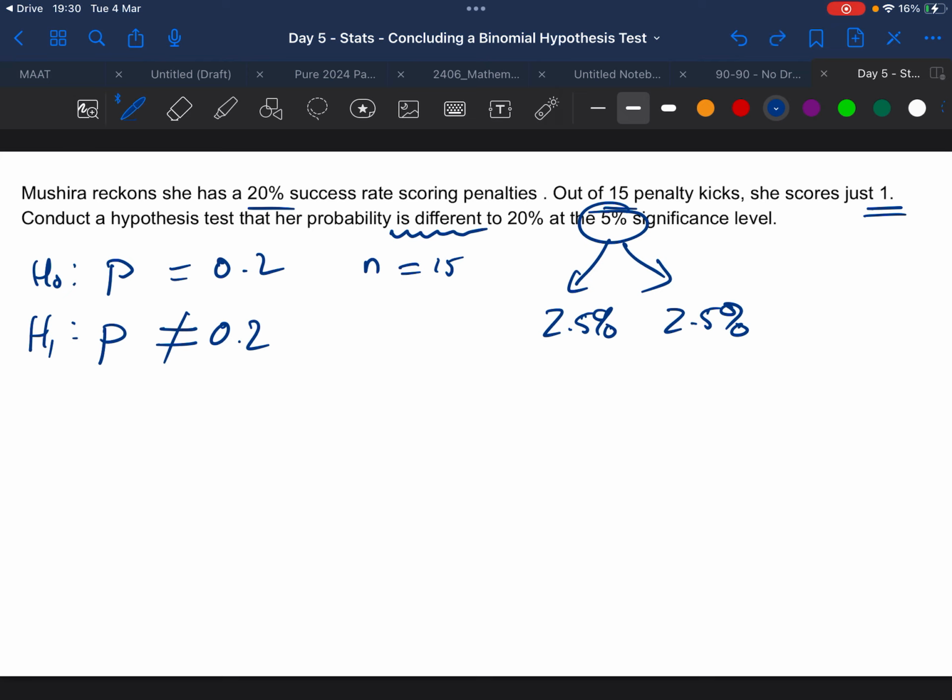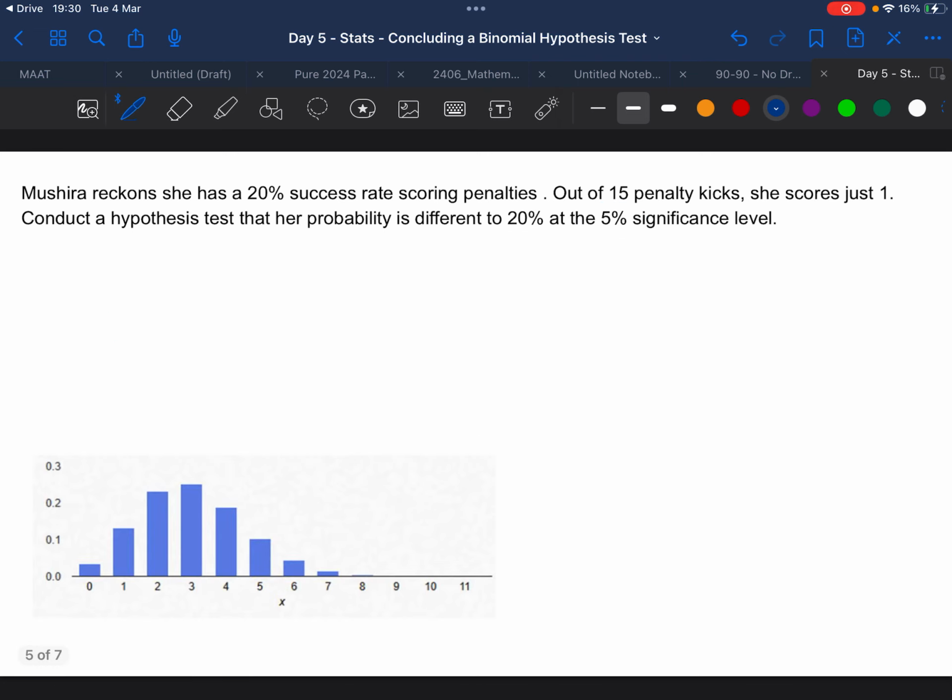So we're going to have a situation. We didn't write this last time, but let's do that now to make up for that. So 15 and 0.2, we're going to draw this one here, and have a think about what's going on. 0 all the way up to 15. This is what it looks like.